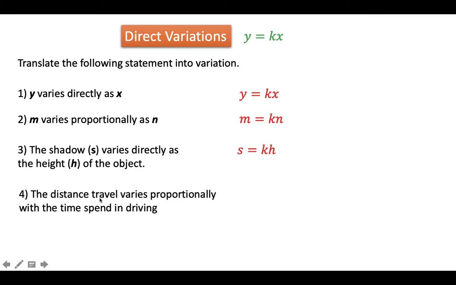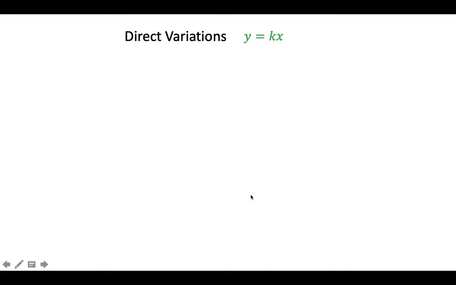For the distance, we can use a variable d, and for the time, we can use a variable t. So our variation is d = kt, or the distance is equal to the constant times time. We need these skills in solving word problems later on.